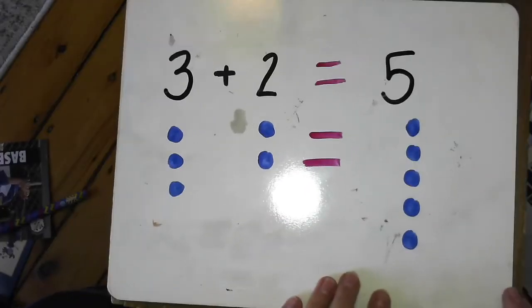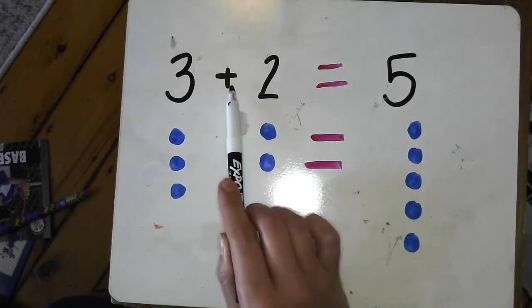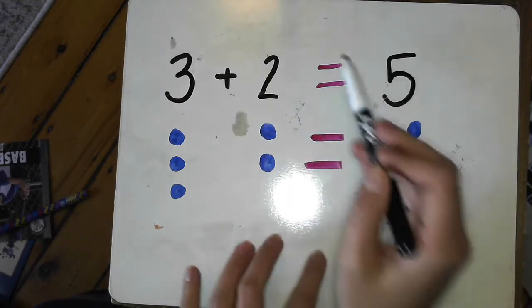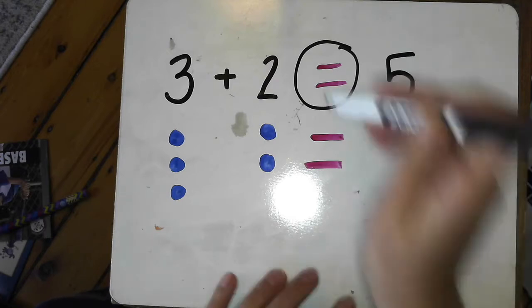So here I have a number sentence, an equation. This says 3 plus 2 equals 5. This equal sign here is really a balancing sign.